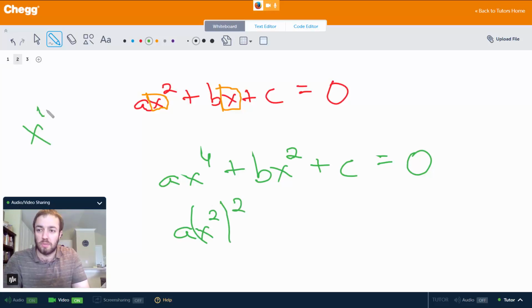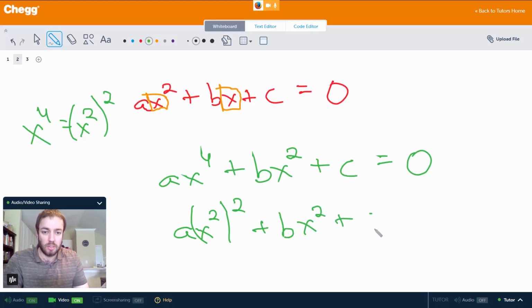Because remember, x to the fourth is x squared squared. So we can rewrite that like that. Then we still have plus bx squared plus c equals 0. So here we have a thing, and then we have that thing squared. In this case, our thing in the box here is x squared. Then over here, we still have x squared being squared.